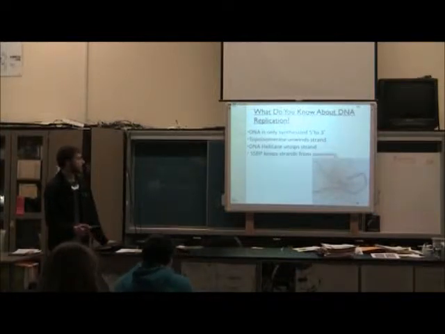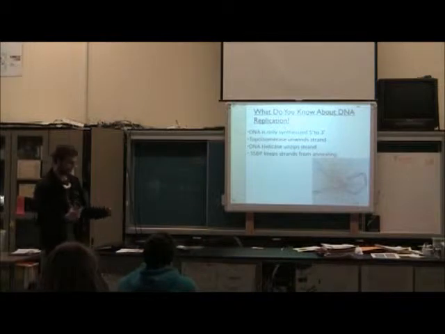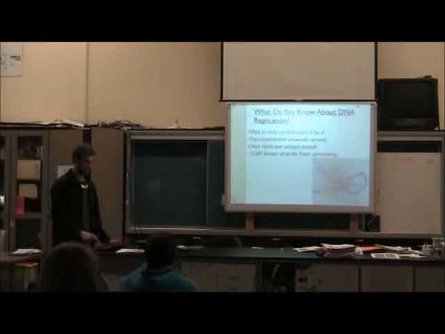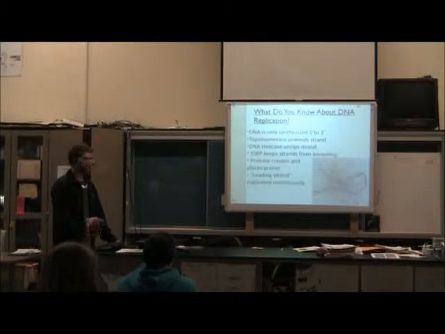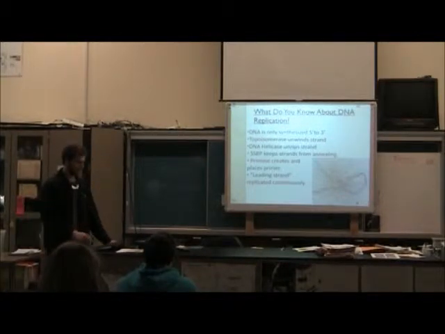The single-stranded binding proteins attach to each strand to keep it from annealing to itself. Primase creates primers and places them so that the polymerase can come along and replicate the strand. And the leading strand, like I was saying, is replicated continuously. The lagging strand is discontinuous.